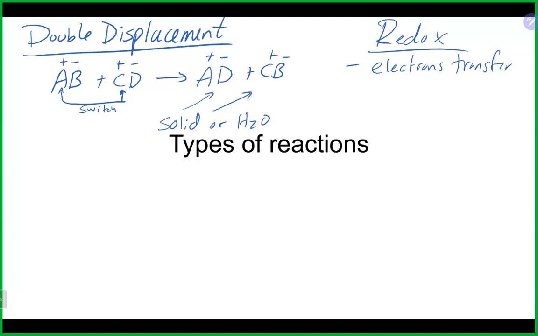And the reason these 3 things are really important is these are basically the 3 main reasons why a chemical reaction will take place. So if you look at a chemical reaction, one of these 3 things are happening. Either you're going to make a solid, you made water, or you had some electrons being transferred.